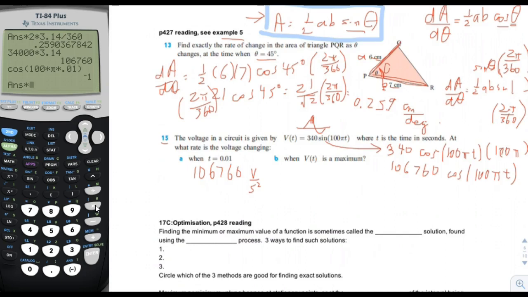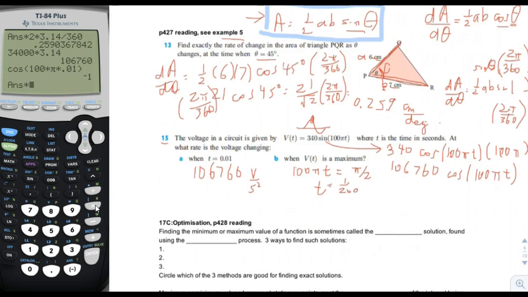At pi over 2, sine achieves a value of 1, multiplied times 340. So we want to know when 100 pi t is equal to the maximum value of sine, which would be pi over 2. So t would be 1 over 200, right?